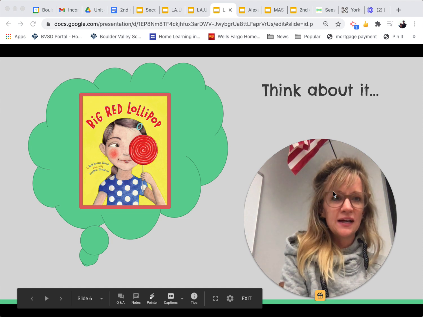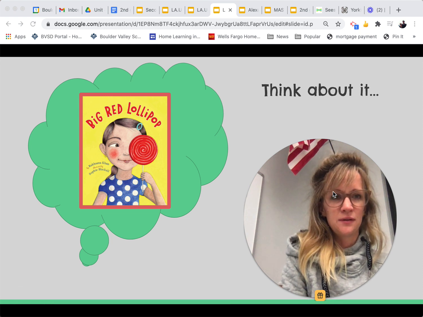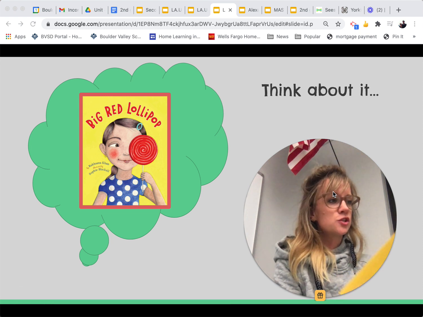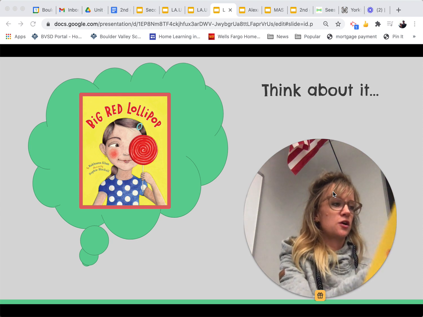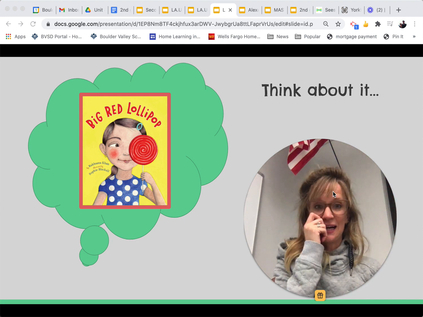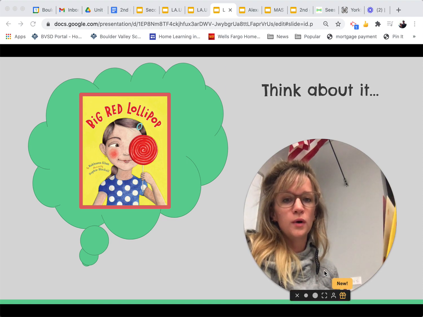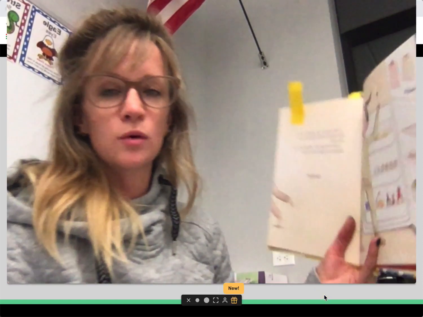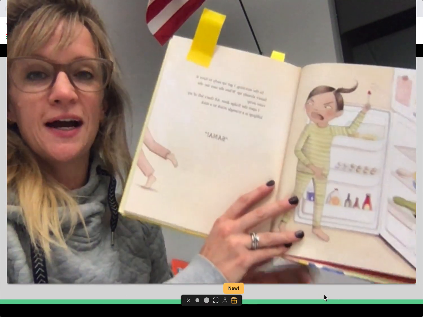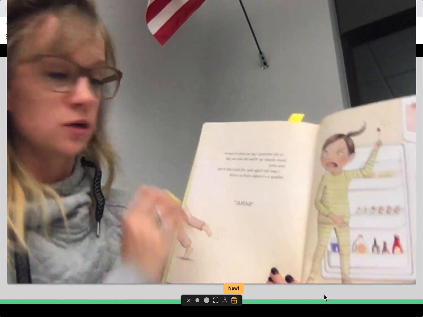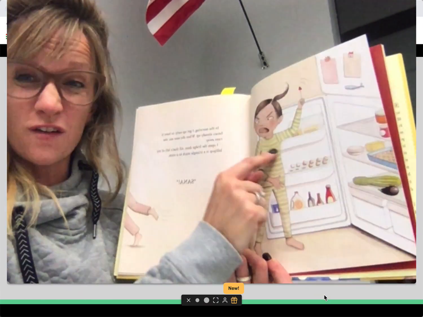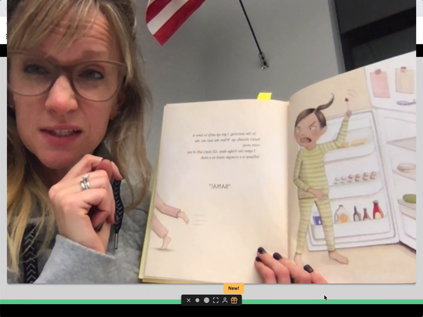Big Red Lollipop. I want you to notice how the main character, Rubina, is acting. So remember, we're not rereading the whole book, but we are just tuning into a part where we can notice her actions as a character. Whoa, right away, when I look at her face, remember that's one of the 4 things that gives you clues?